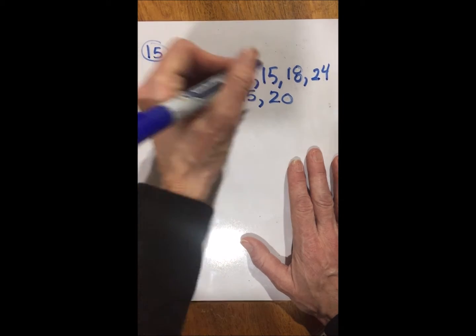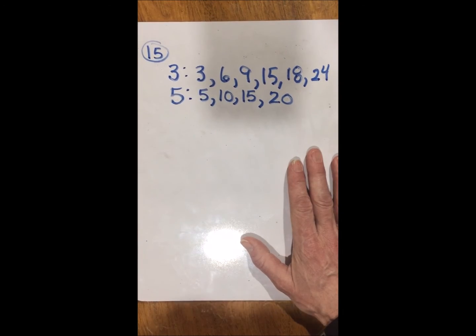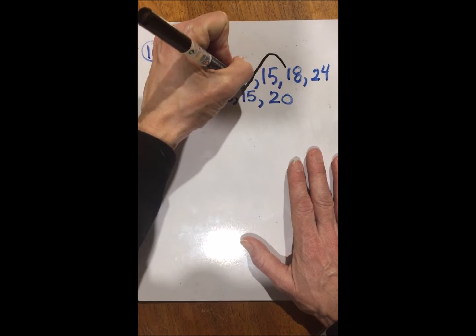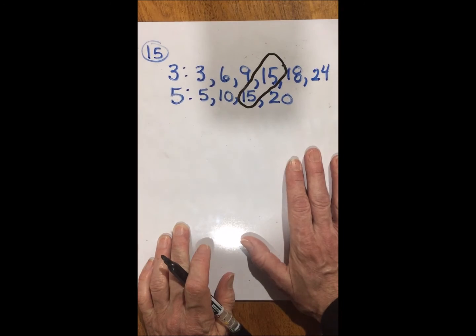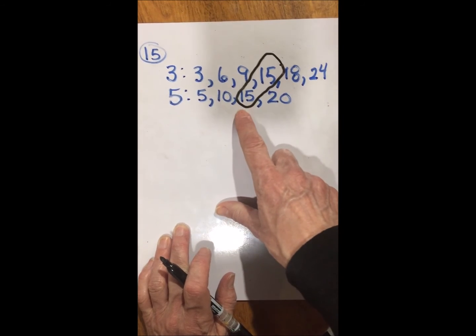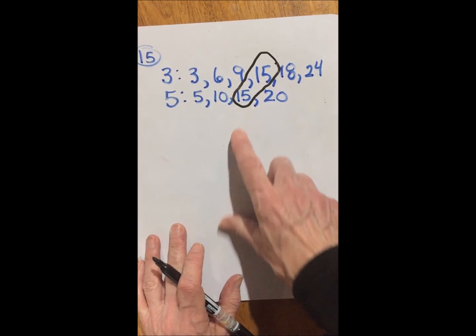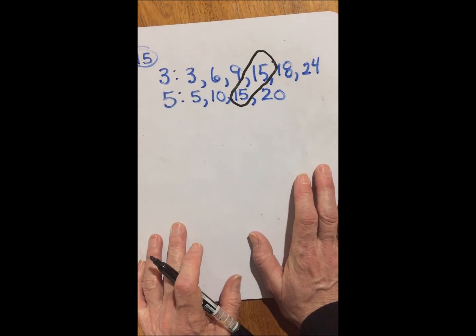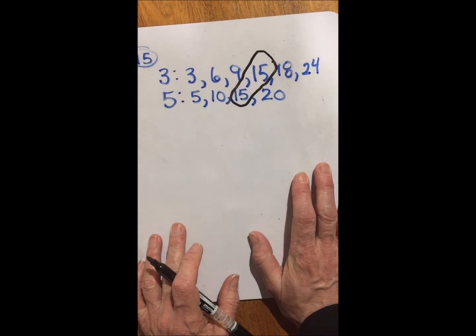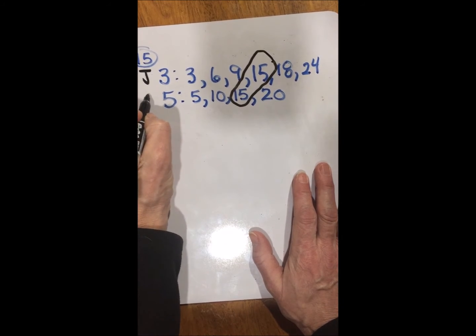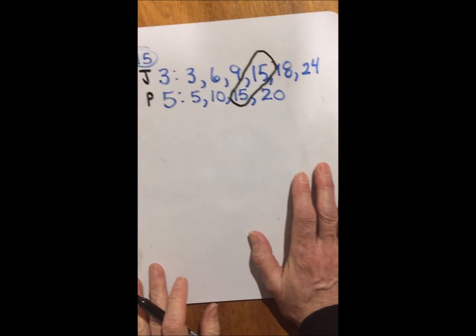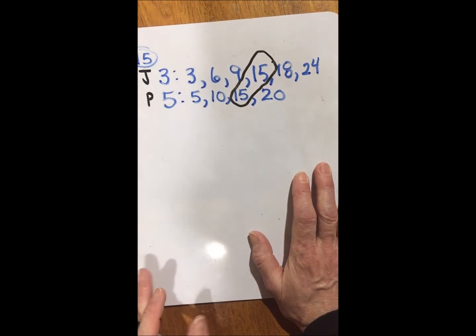The first thing that I see that they have in common is 15. That was the first multiple that they both have, that they both go into. So it's the lowest common multiple. So that means that Juan goes every 3 days, Percy goes every 5 days to the bowling alley, or weeks, that is, sorry.